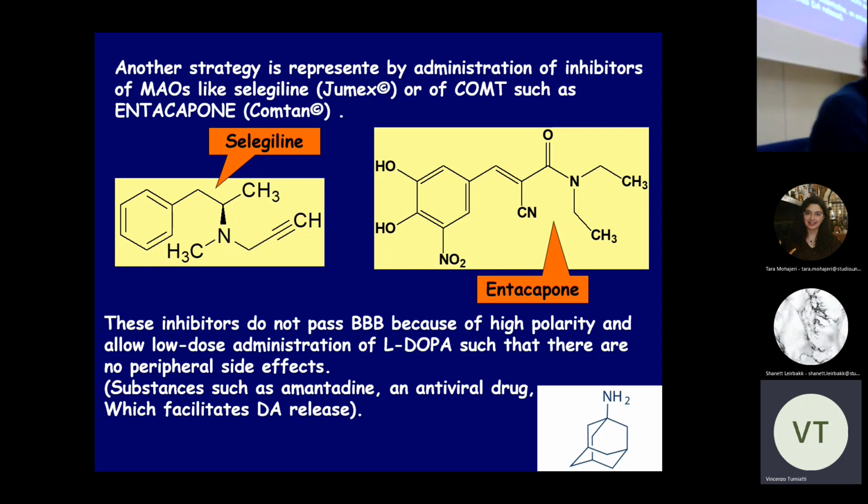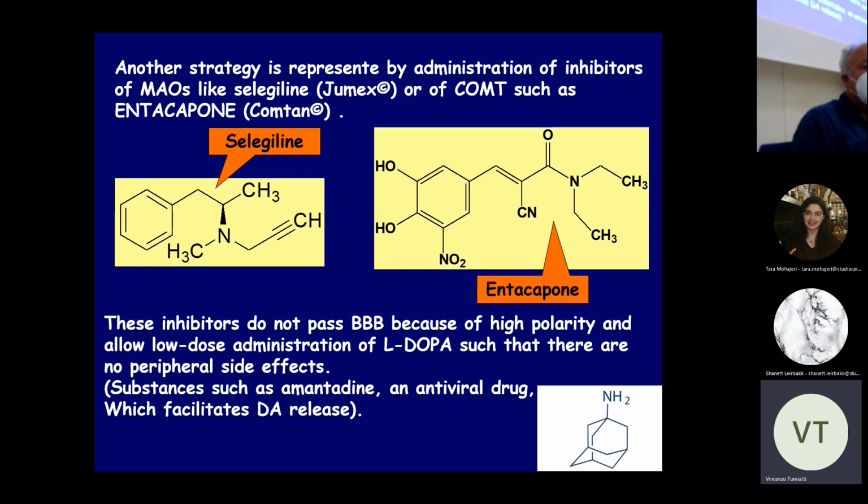And it was observed that this compound is able to increase the release of dopamine inside the synaptic cleft. The mechanism is unknown, but they saw a real beneficial effect of this compound for the treatment of Parkinson's.